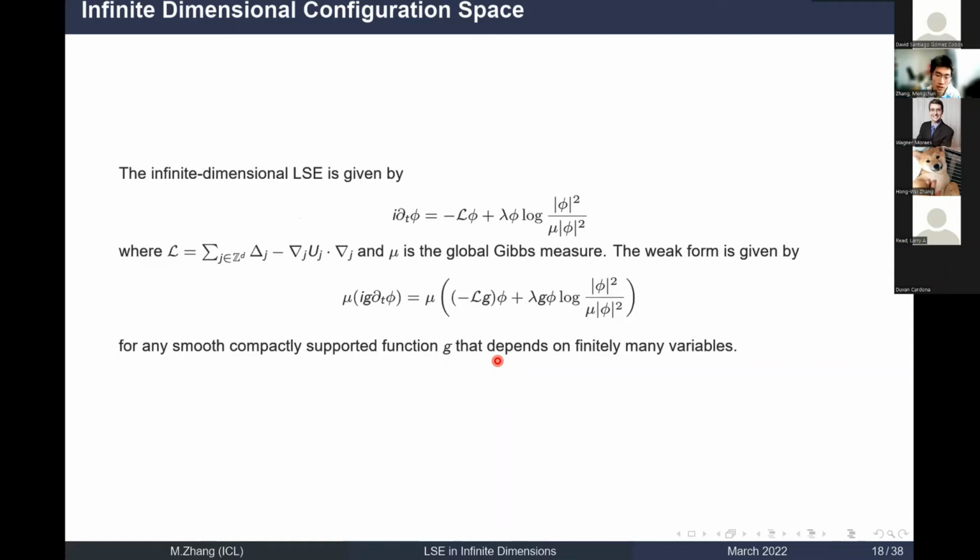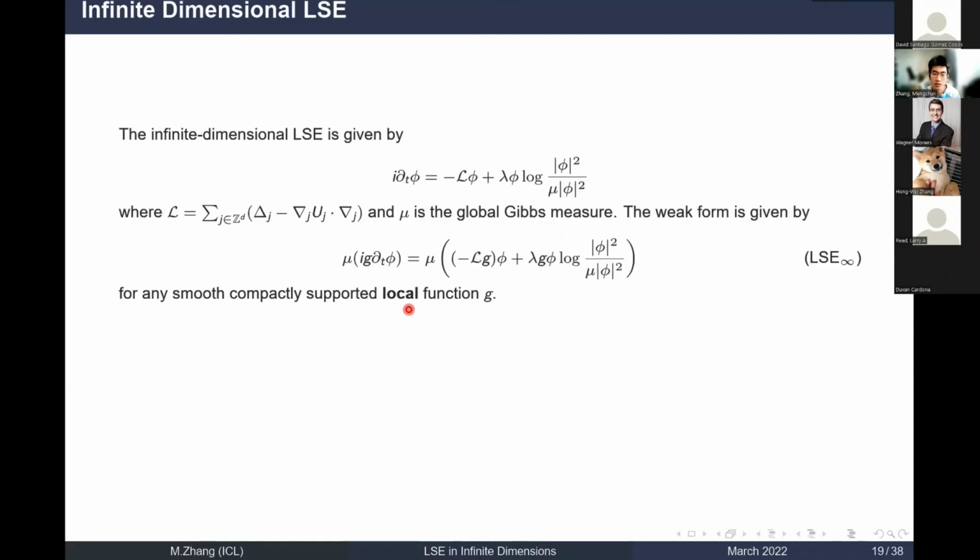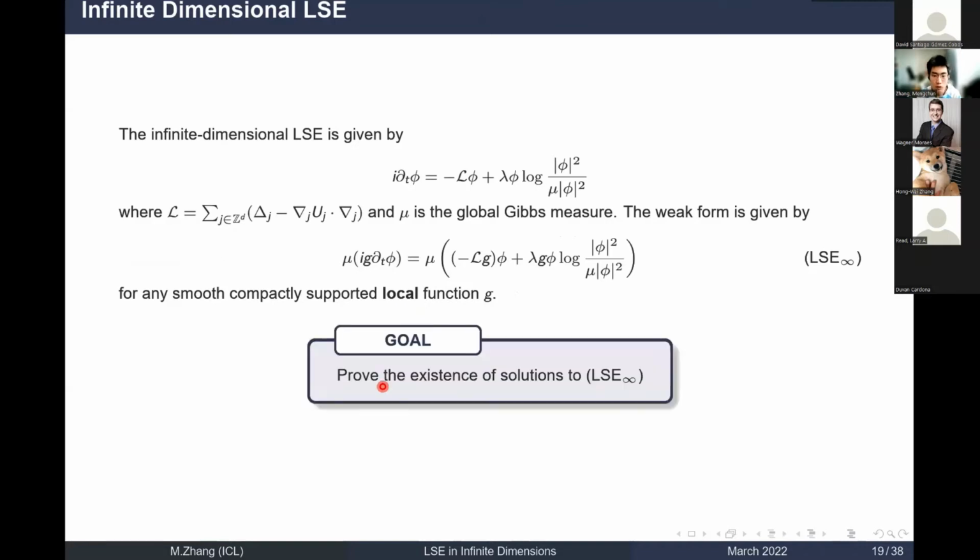For simplicity, we'll just say g is a local function because it is localized in some finite set. And our goal is to prove the existence of solutions to this equation here. That's the main aim of this talk, though not the only aim of the project.